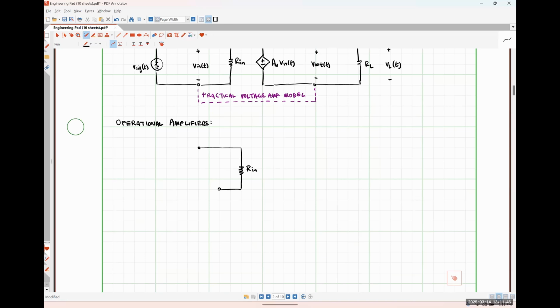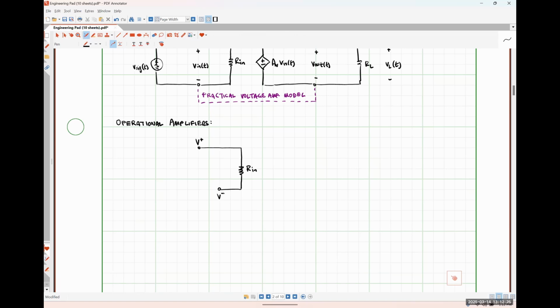I am going to arbitrarily assign this top terminal here to be the non-inverting input that we call V plus back in circuits 1, and this bottom terminal here to be V minus, which corresponds to our inverting input terminal that we were dealing with back in circuits 1. So instead of that input resistance being between essentially the input and ground, now it's the resistance seen between the inverting input and the non-inverting input, okay?